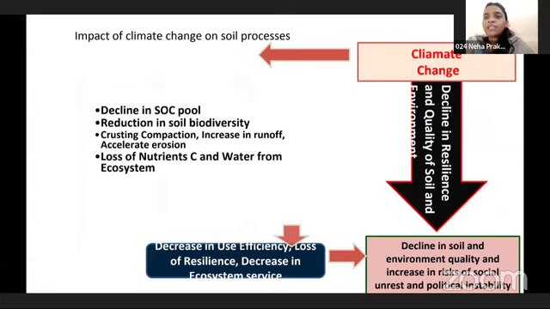However, when we talk about climate change, there are many impacts of climate change on our soil. This rise in temperature as well as rainfall leads to a decline in soil organic carbon. Many of you are aware of the role of soil organic carbon.